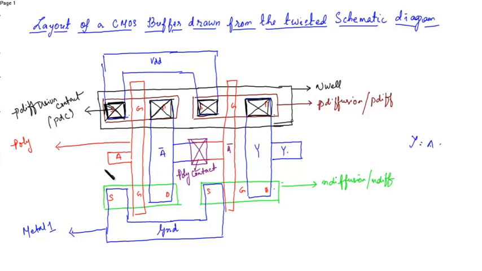Now after placing the P diffusion contact, next you also have to place a contact in the N diffusion layer in order to make a contact between the N diffusion and the metal layer. So I have to place an N diffusion contact, or while writing commands you'll write NDC.